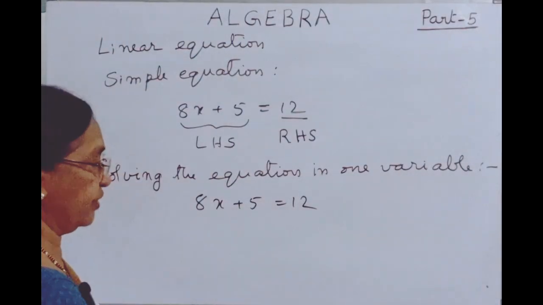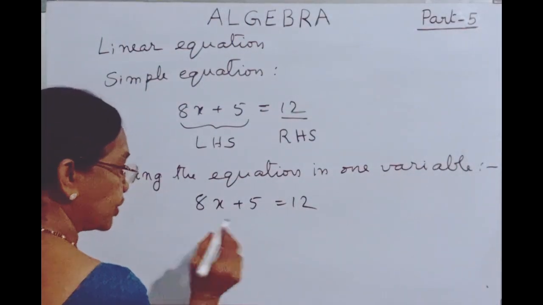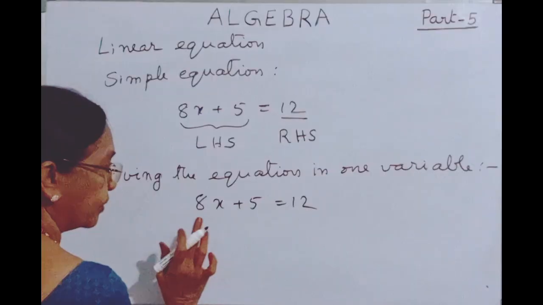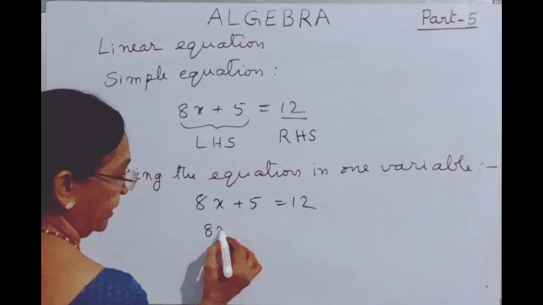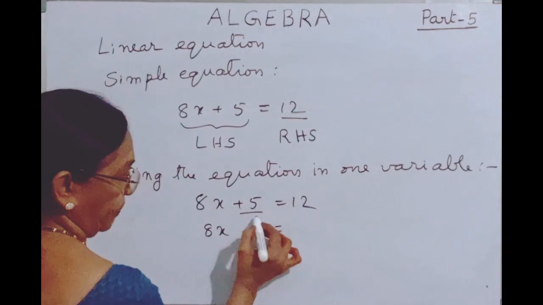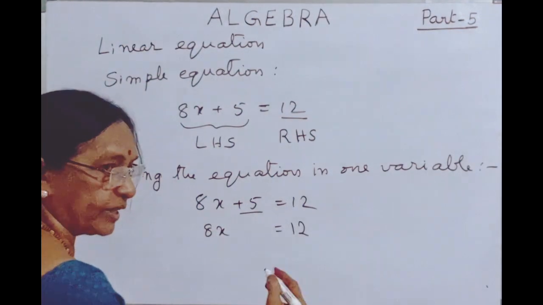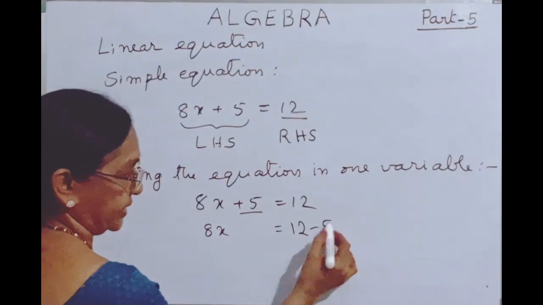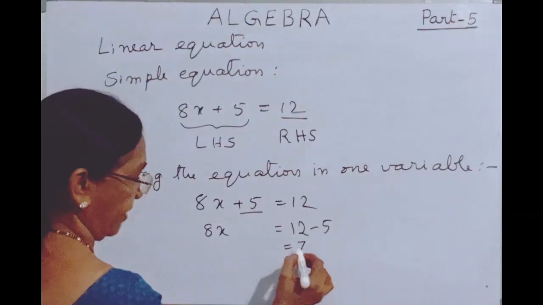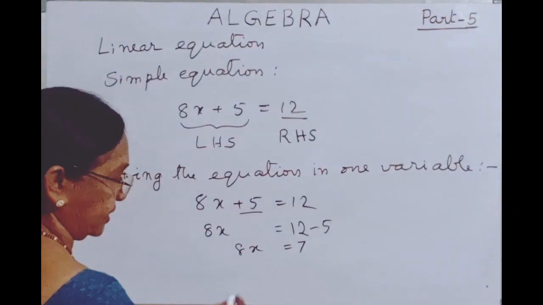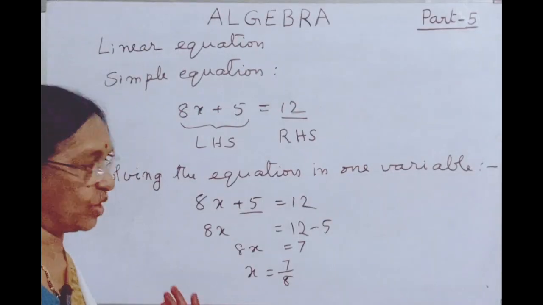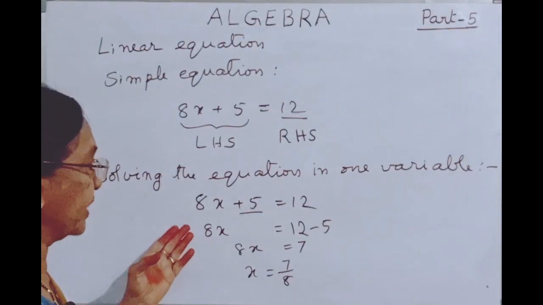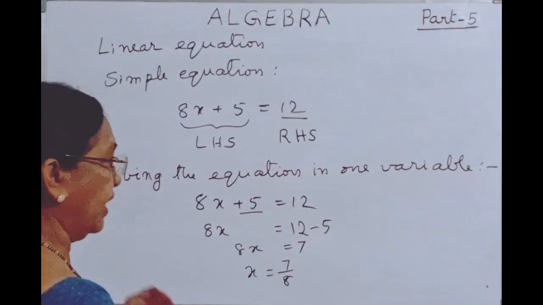So to solve this equation, we ensure that all the terms having variables are on one side, the left hand side. So bring this plus 5 to the right hand side, all the constants on the right hand side. So 12 minus 5, 7. 8x is equal to 7 or x is equal to 7 by 8. Thus we can solve a simple equation in one variable.